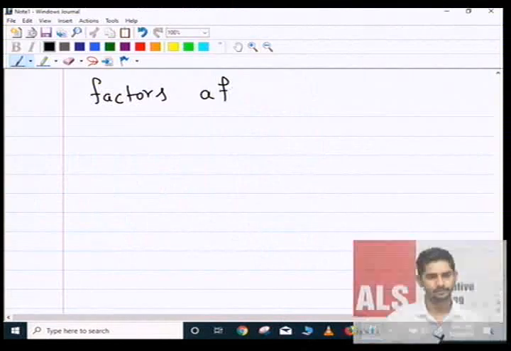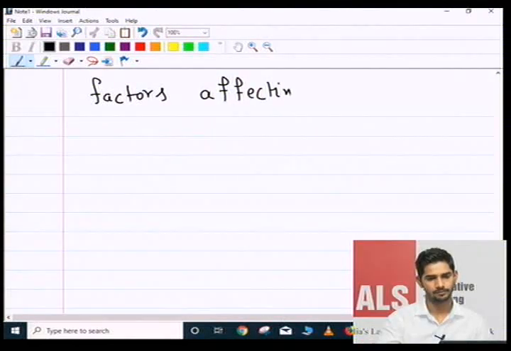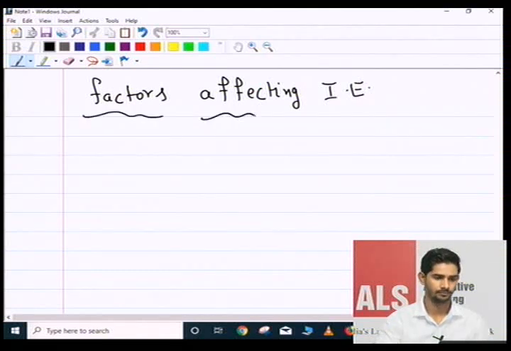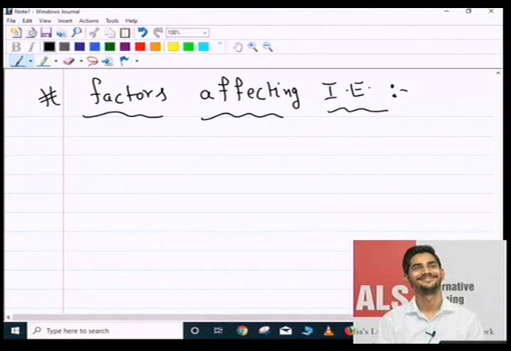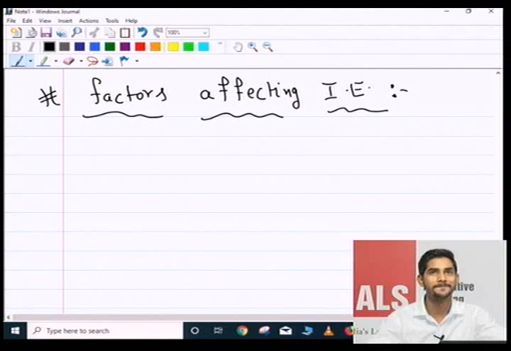Okay. Now, factors affecting ionization energy.